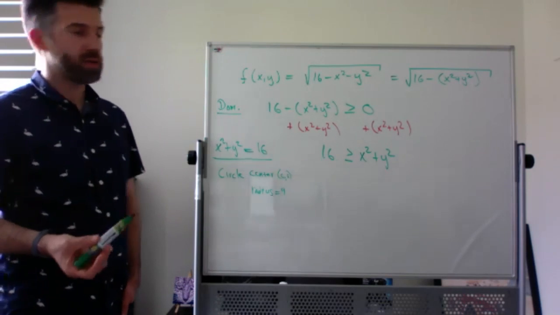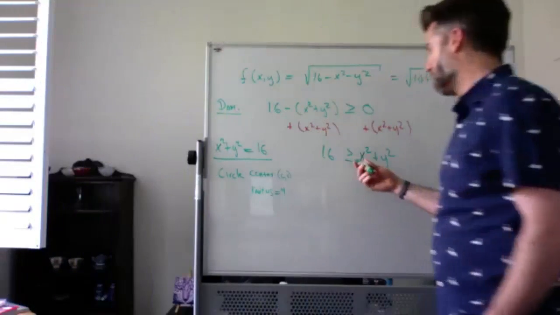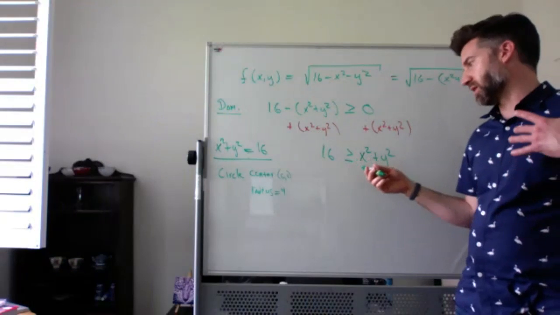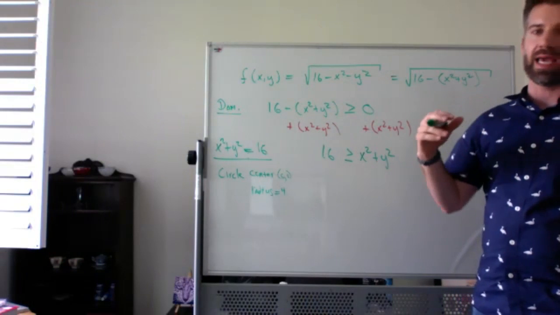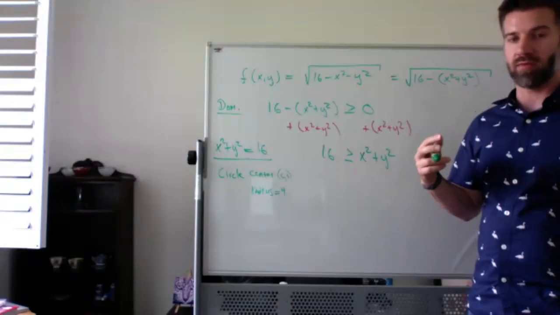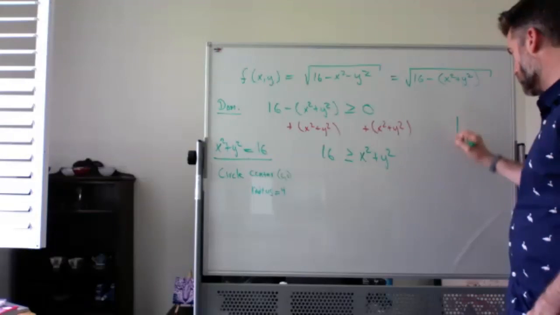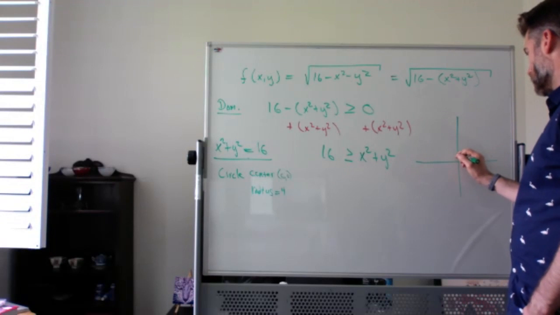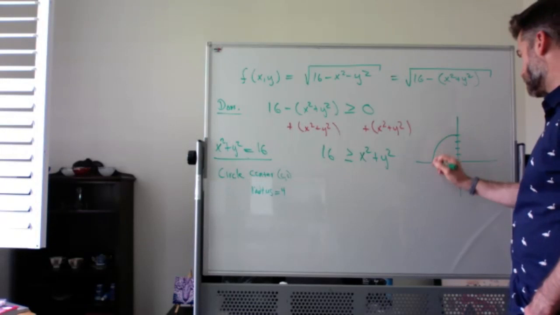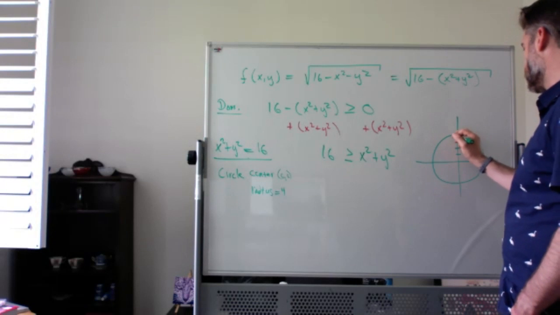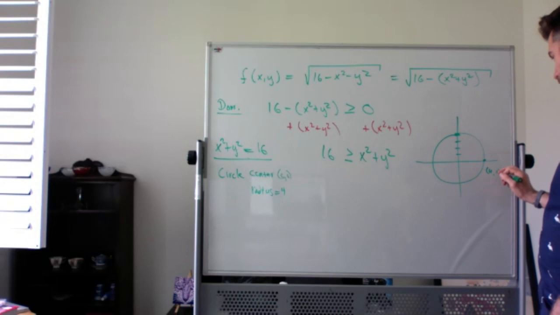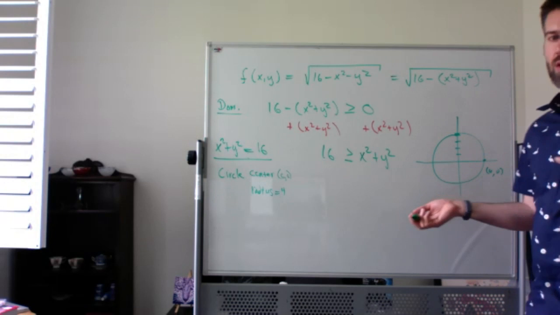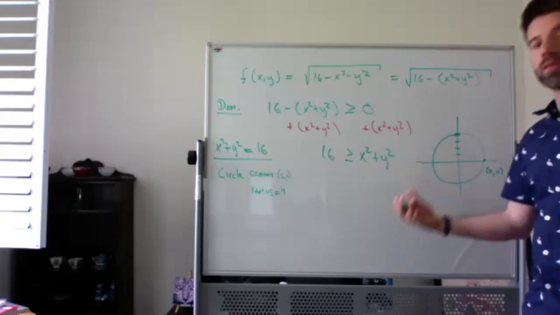So the idea here is that if we have an inequality instead of an equality, you're always going to get one side of whatever's bounded. So let me draw the circle. So radius of 4. There's my circle. Radius 4. And now the question is, is the domain all the points inside the circle or outside the circle?